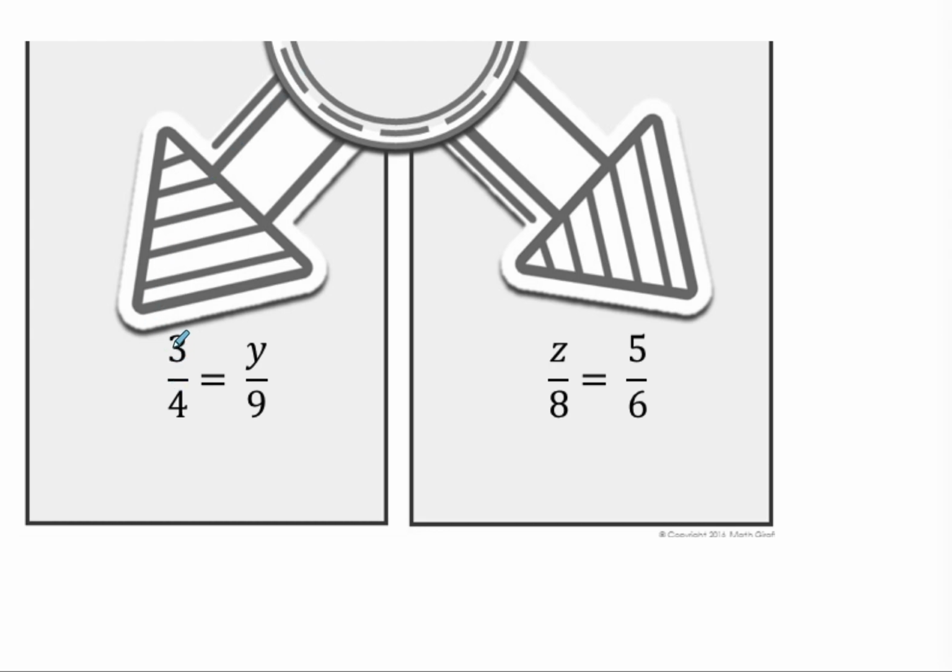All right, let's check our answers. No multiplication patterns with whole numbers side to side or up and down. So let's go ahead and do cross products. 3 times 9 is 27. 4 times y is 4y. We need to divide both sides by 4.